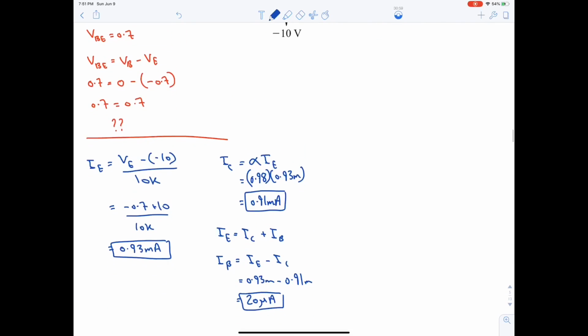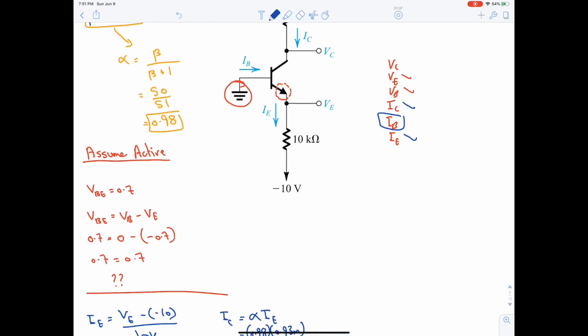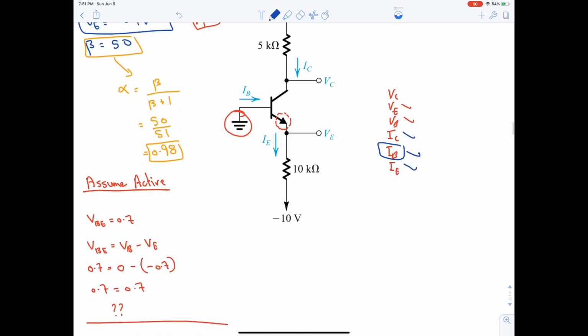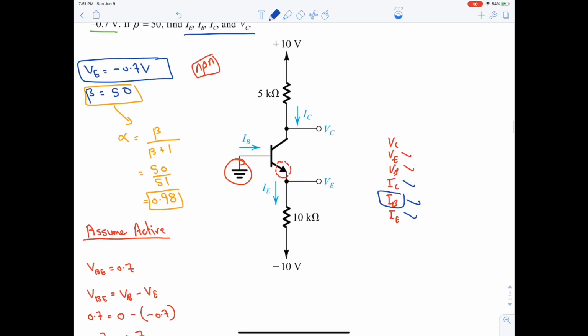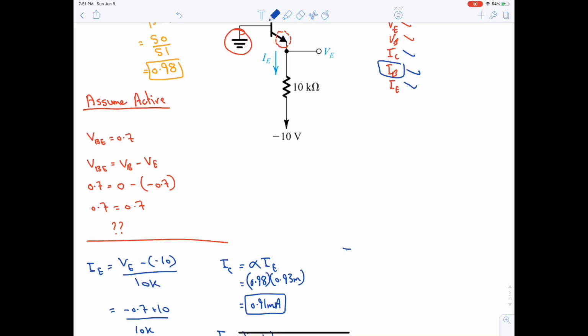After finding IB, let's now find VC. VC can be found through Ohm's law. So IC is equal to 10 minus VC over 10K.